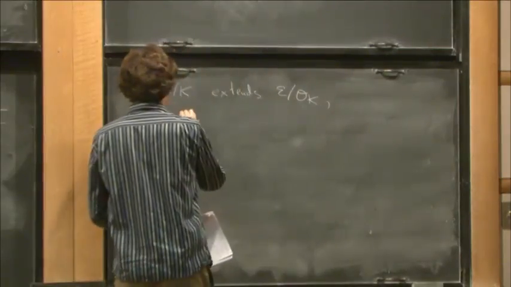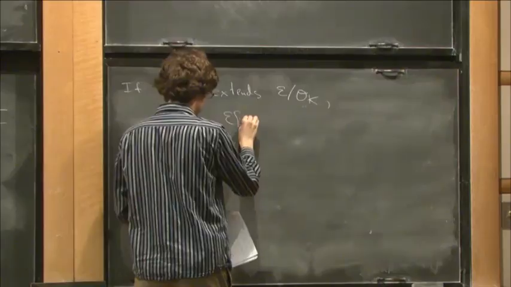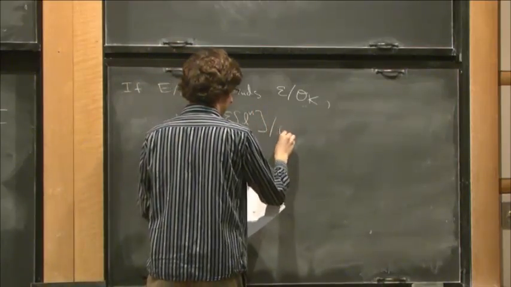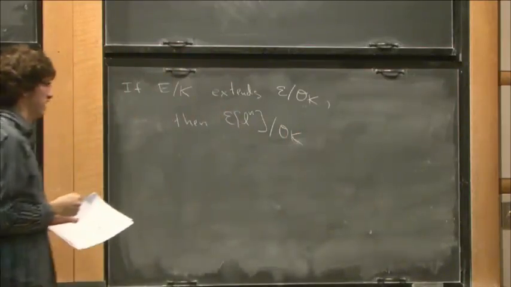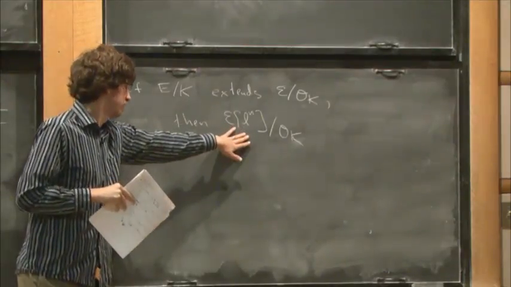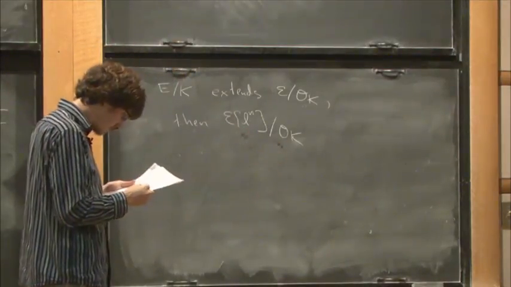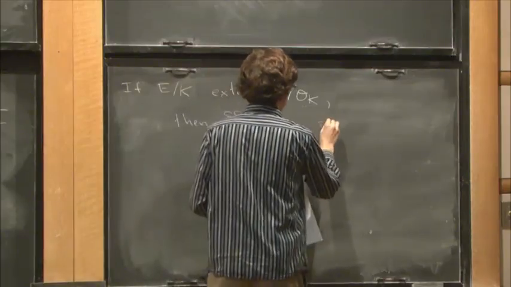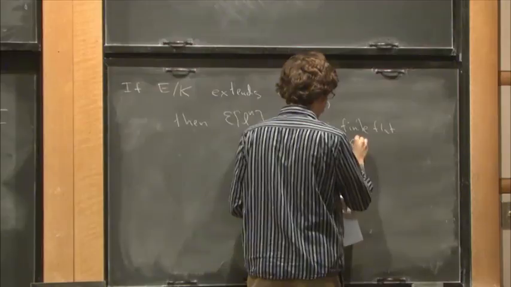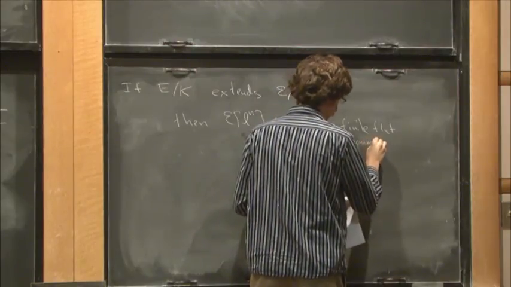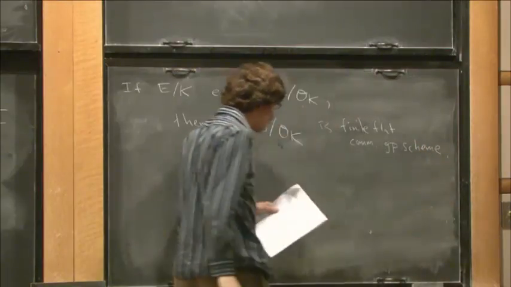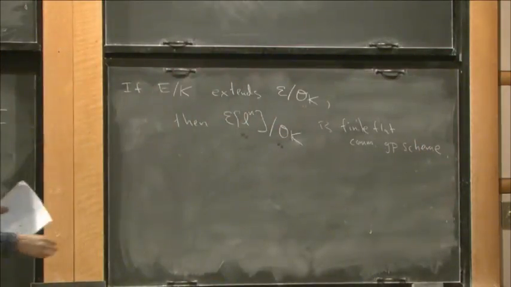In that case, if we look at the L to the n torsion, we can think of the L to the n torsion as a scheme over O_K. And so this is a finite flat commutative group scheme over O_K.